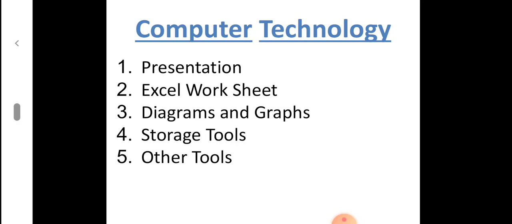With the help of several programs in a computer, diagrams and graphs are drawn for economics. An Excel sheet plots almost all types of diagrams and graphs for the data which we enter in the worksheet. Fourth point is storage tools.